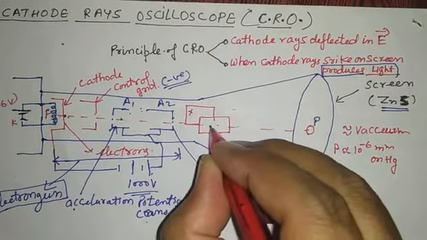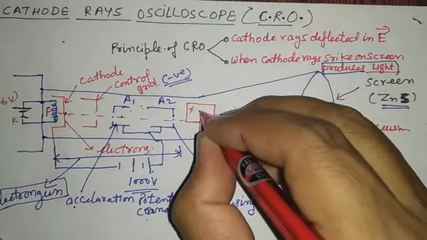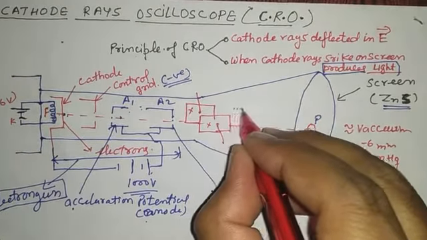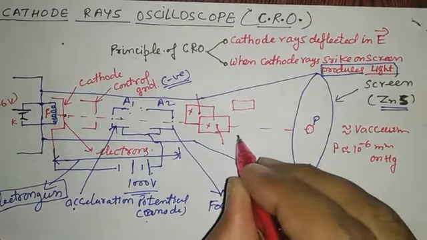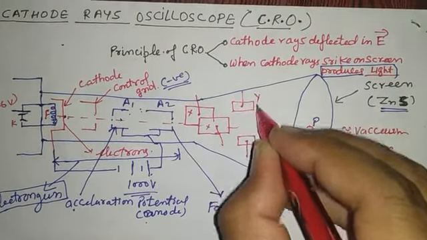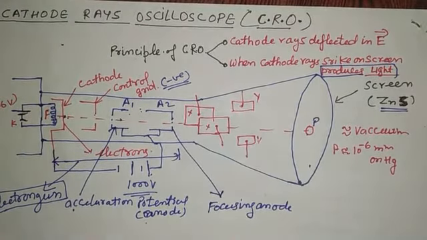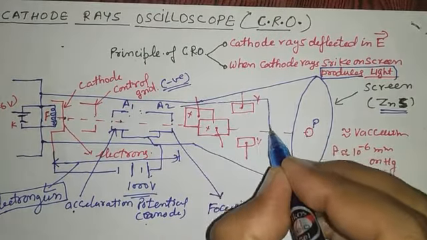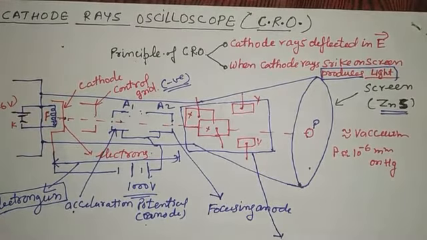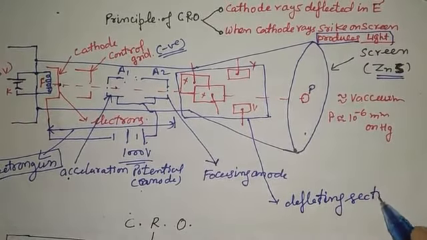In this XX plate the electric field is maintained. And another pair of plates, see very carefully, is the YY plate. This pair of plates in the diagram, see carefully, is called the deflecting section.